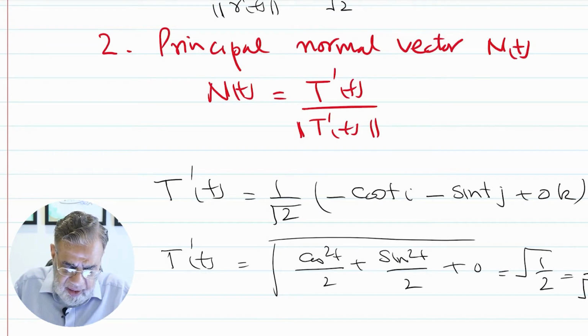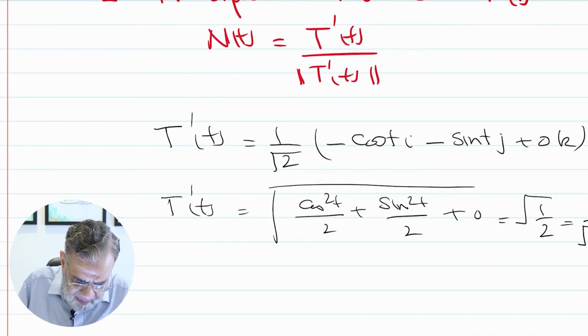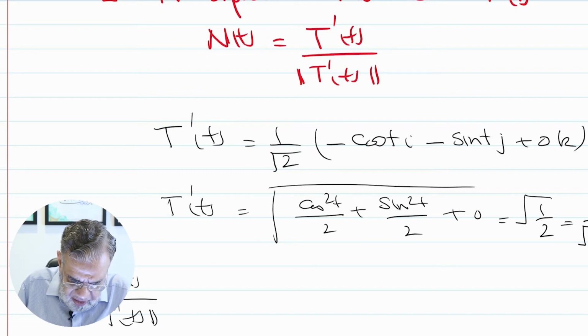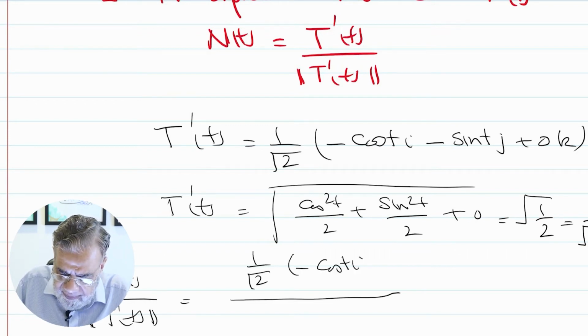Now my N of t is that we're going to divide T dash of t by this one. So my N of t is equal to T dash of t over the magnitude of T dash of t. So here I am having T dash of t, which is 1 upon root 2 times minus cosine t i minus sine t j plus 0 times k.